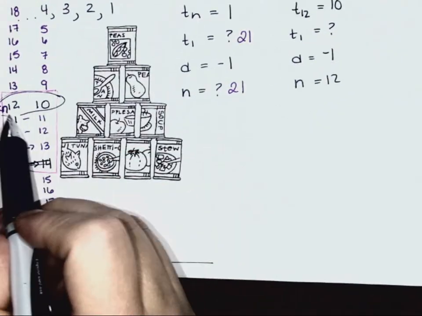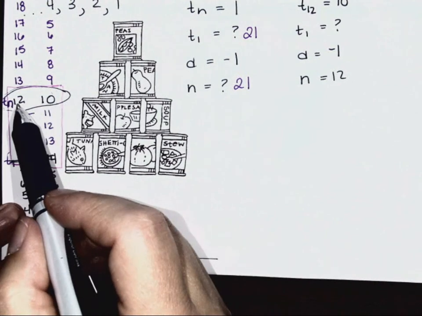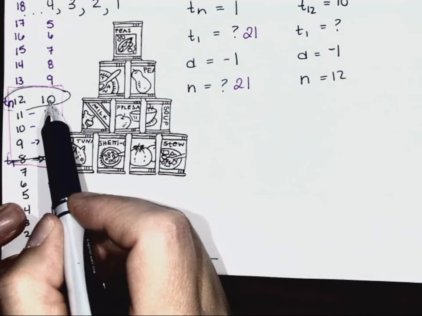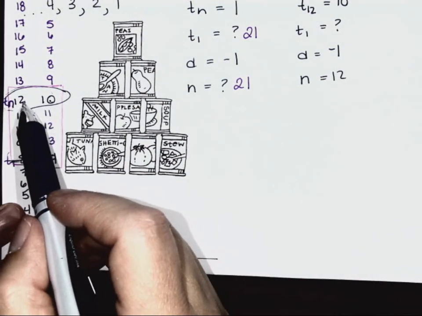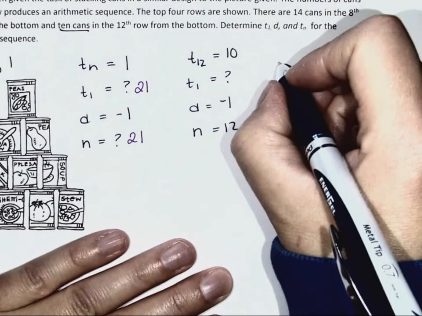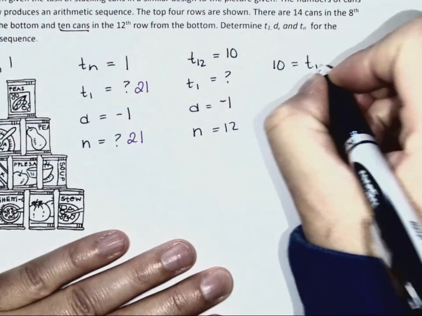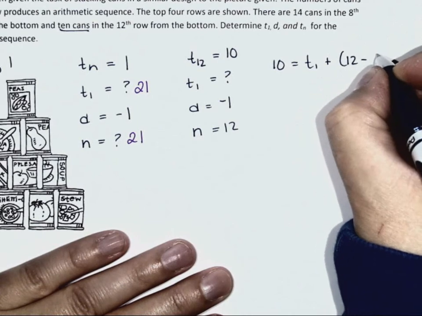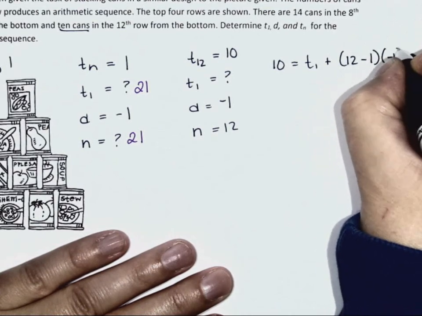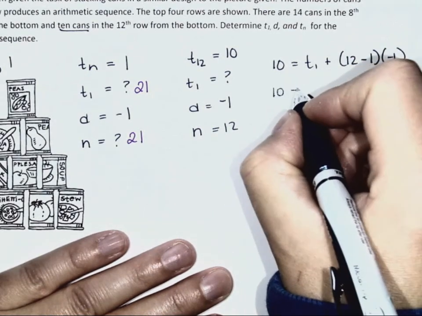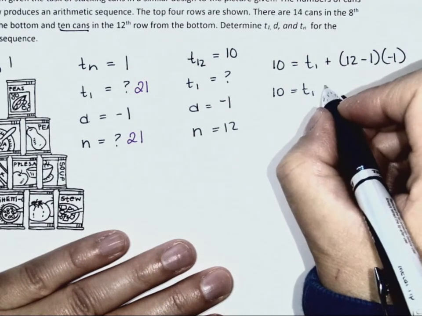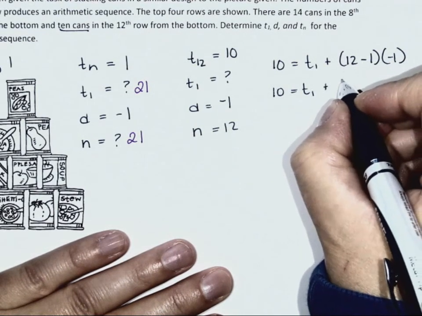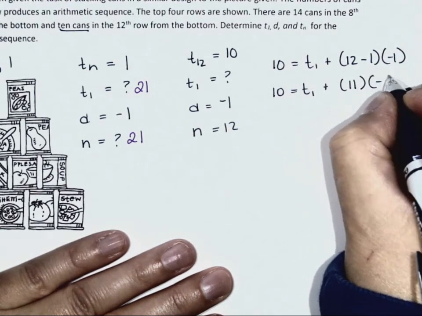So if I use my formula, 10 equals T1 plus 12 minus 1 times -1. So 10 equals T1 plus 11 times -1.